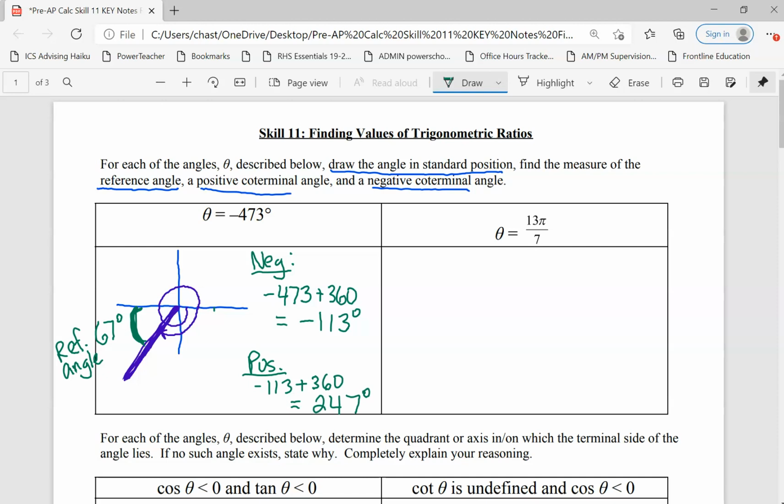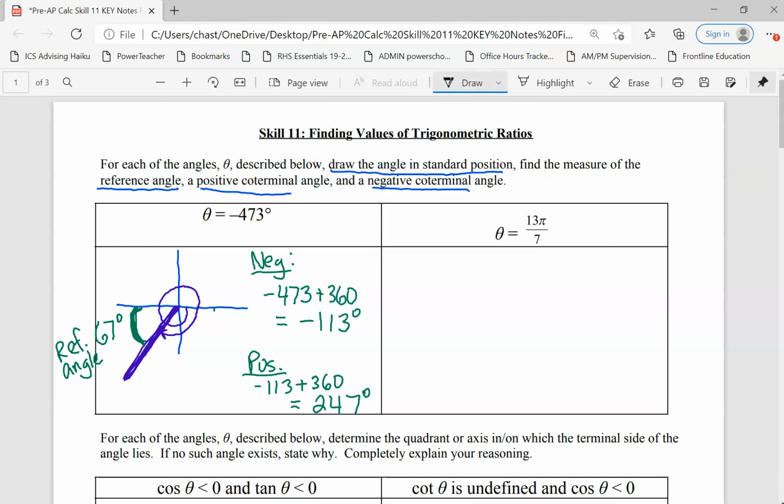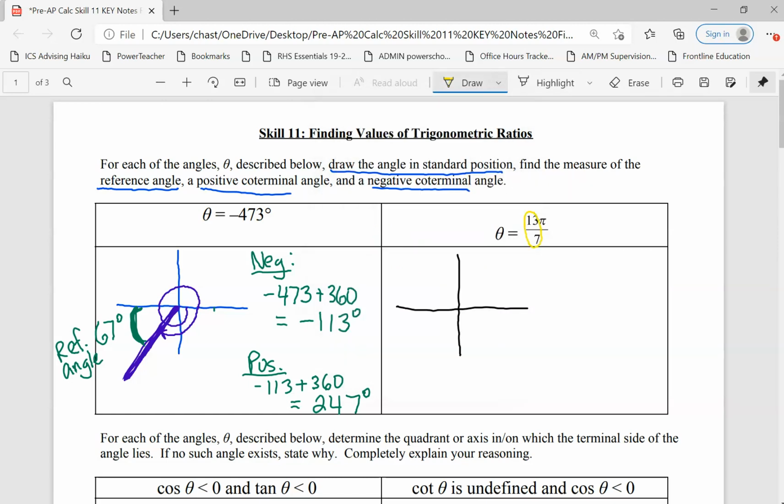Now I'm going to look at a radian angle, 13 pi over 7. I'm going to think about this fraction, 13 sevenths, for just a moment. 13 sevenths is just a little bit less than 14 sevenths.